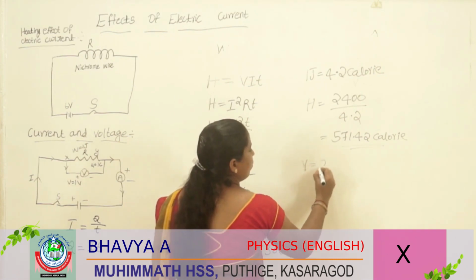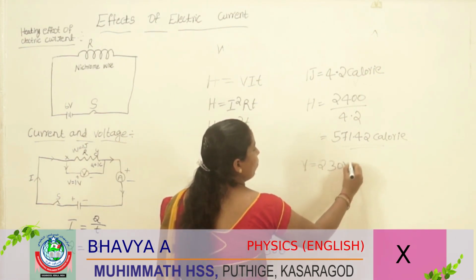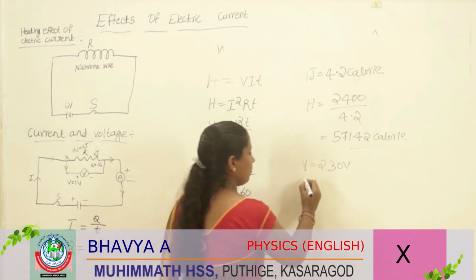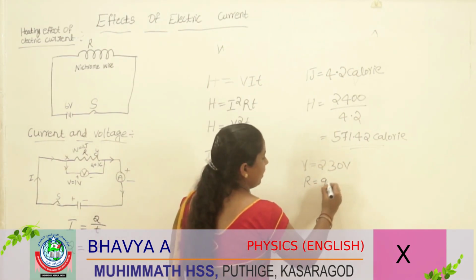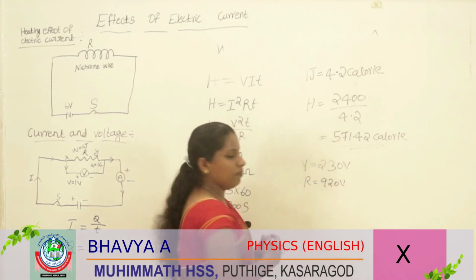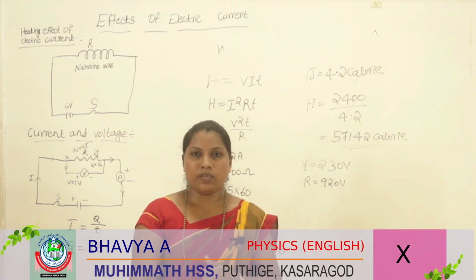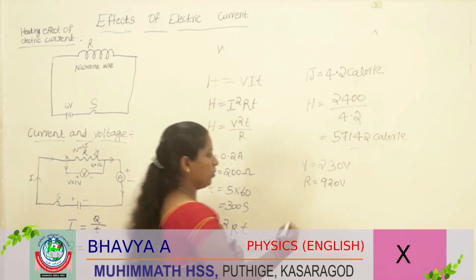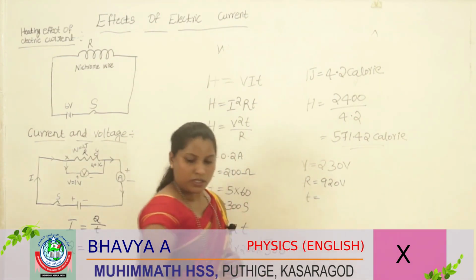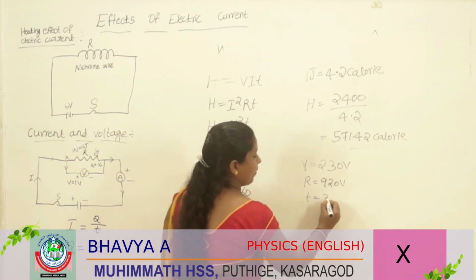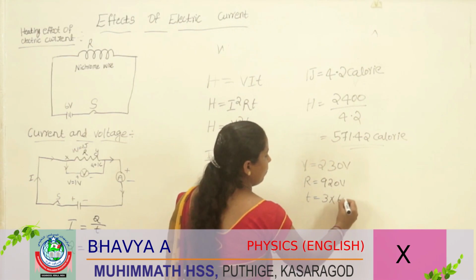V value 230 volt is given, then R value 920 ohm, then the time T is 3 minutes given, which you should change into seconds, so 3 into 60.